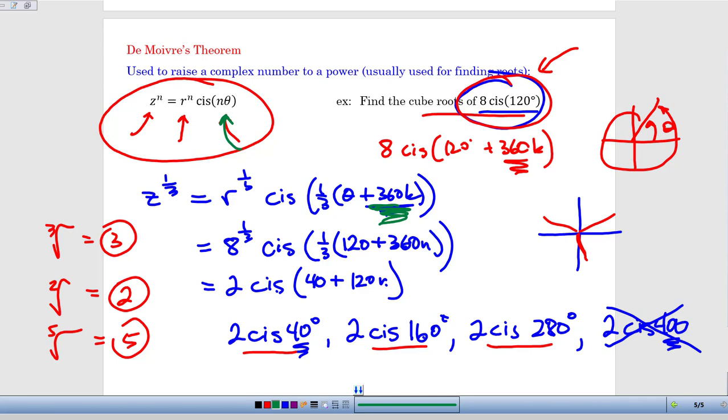You'll see this plus 360k just doesn't apply. It just disappears. But for these roots, the cube root, 4th root, 5th root, we're going to end up with these multiple answers, and we're going to have as many answers as we have the root that we're taking.